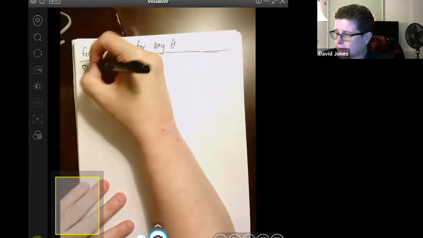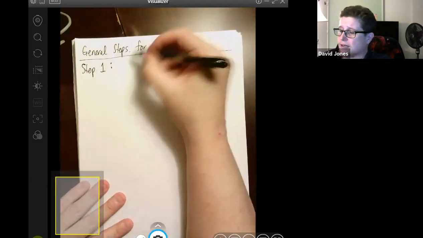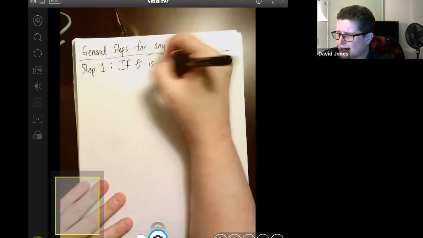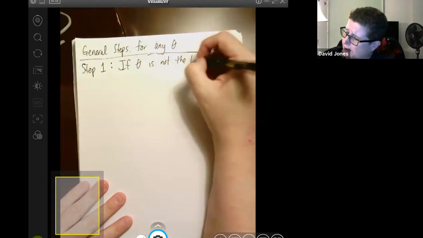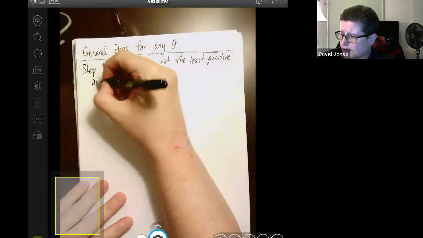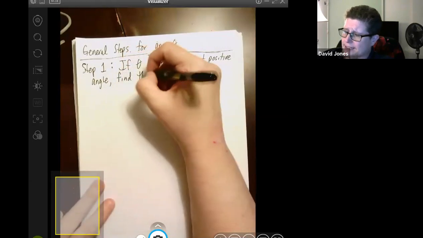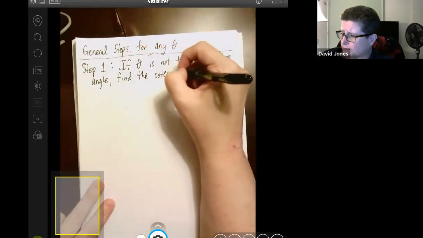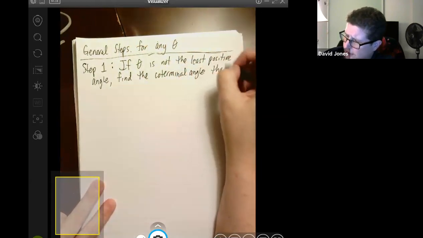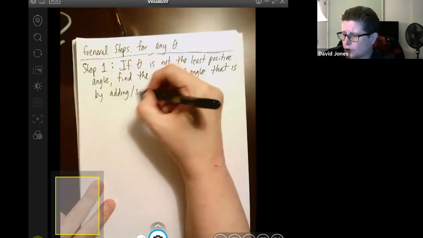Step 1. If theta is not the least positive angle, find the coterminal angle that is, by adding or subtracting multiples of 360.